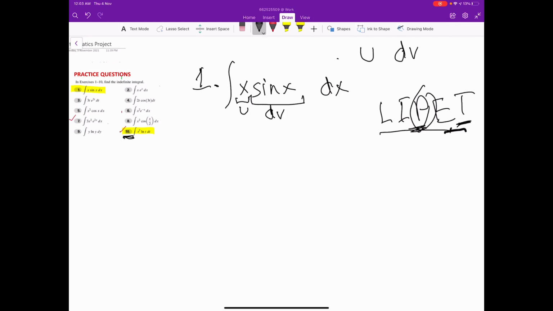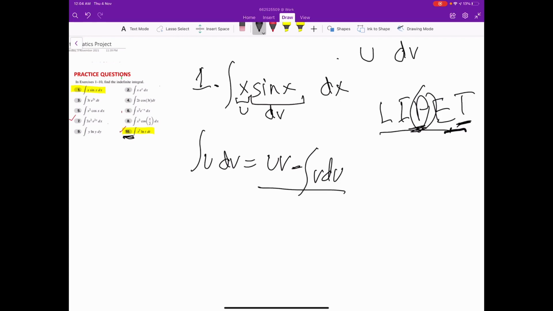Alright, guys. Now there is an equation. We use this equation to solve any integral by parts. The formula is integral of u dv equals uv minus integral of v du. This formula is called the integration by parts formula.